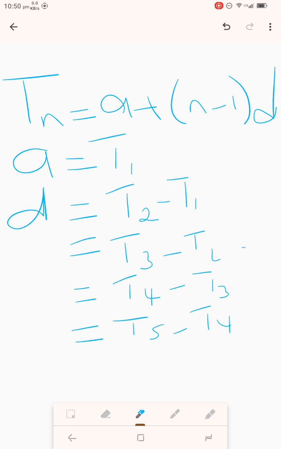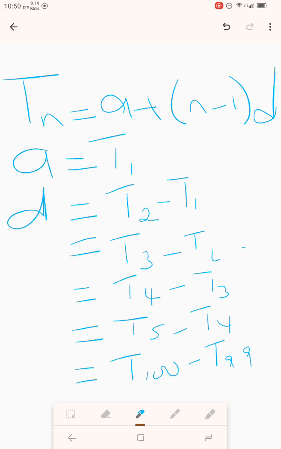It depends on how many numbers they gave you. If you have term number 100, it's going to be term number 100 minus term number 99. This is how you find the d.